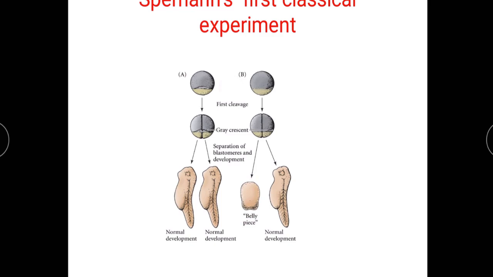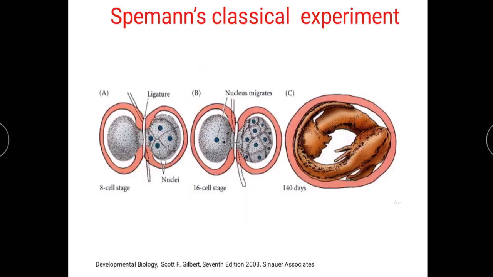So why did these two experiments give different results? The possibility might be some unequal distribution of cytoplasmic substances, and that hypothesis leads us to think about this area, which is the gray crescent. In the first experiment, when he made the constriction here, both halves had some area of the gray crescent.